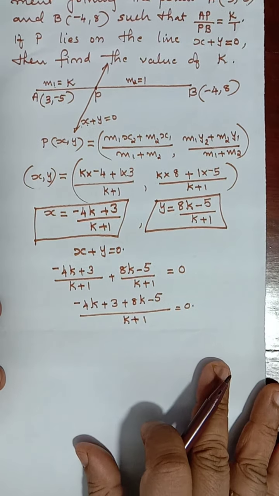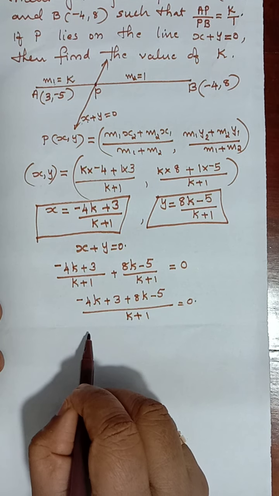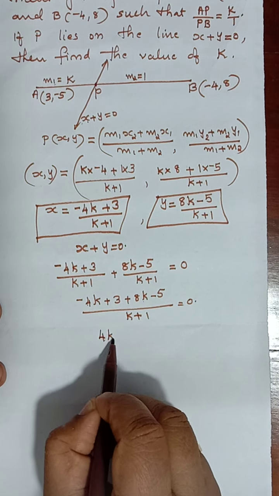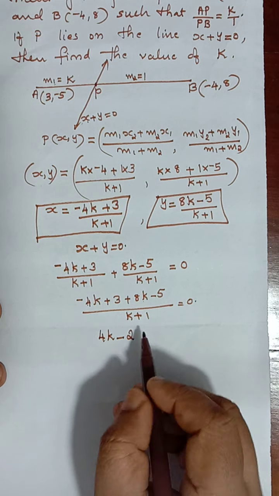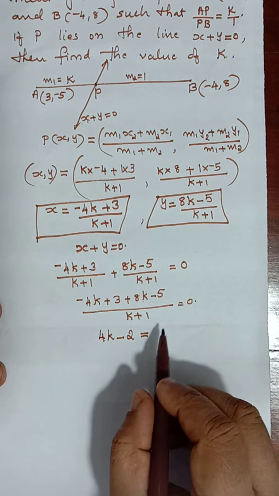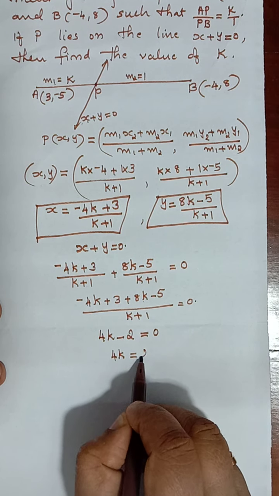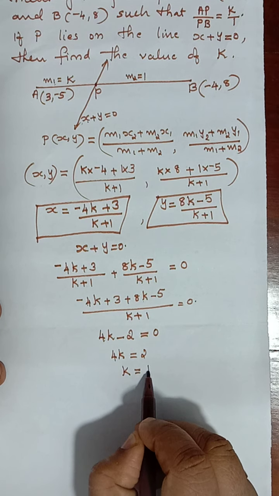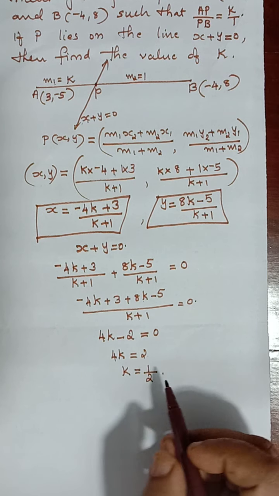Now just transfer k plus 1 to the other side, becomes multiplied with 0. Minus 4k plus 8k is 4k. 3 minus 5 is negative 2. So 4k is equal to 2, k is equal to 2 divided by 4, that is 1 by 2.